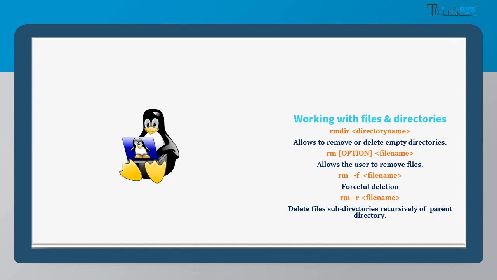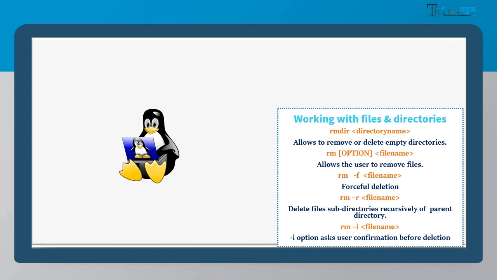That is, it will delete the subdirectories along with the files in it. rm -i file name: the -i option asks the user for confirmation before removing each file.